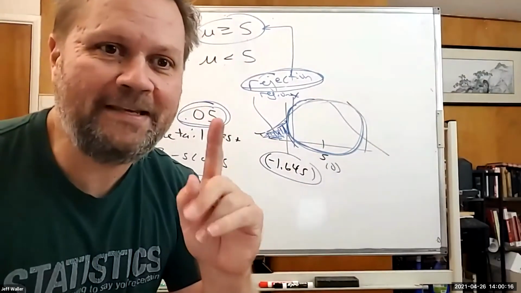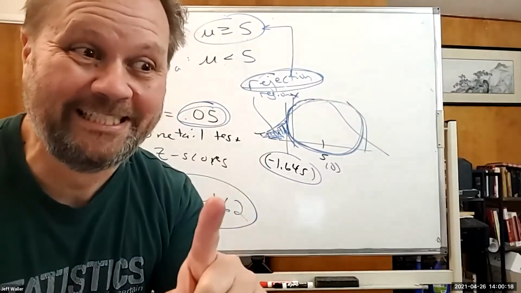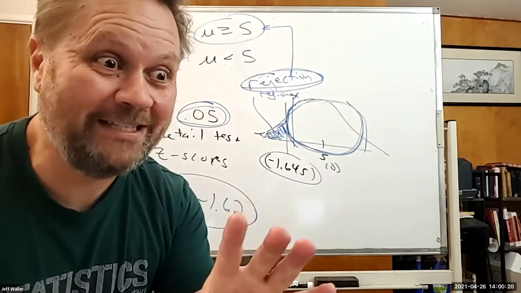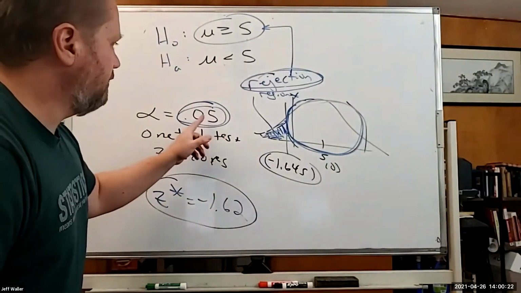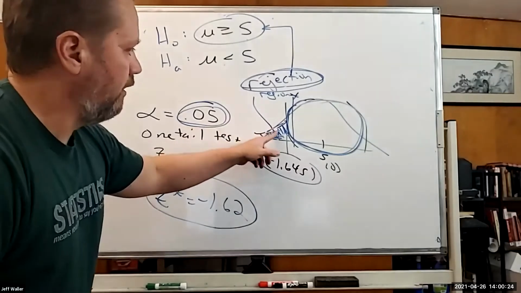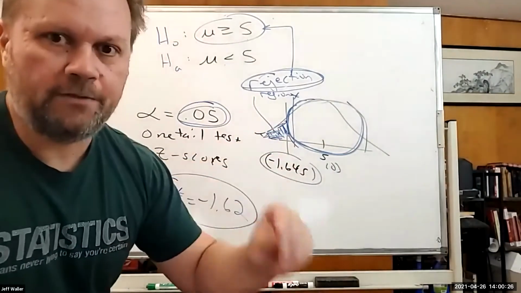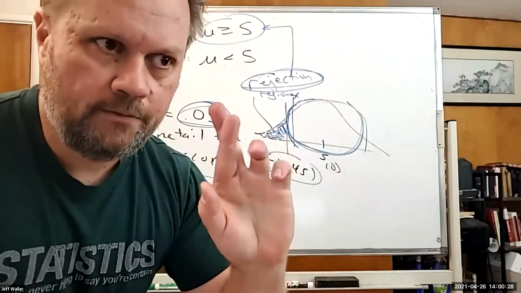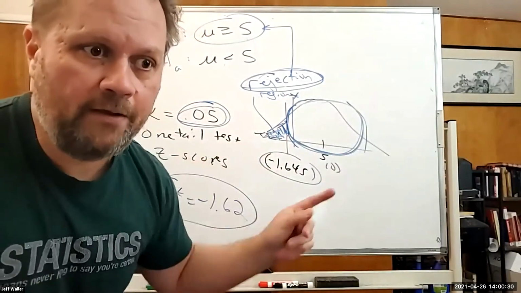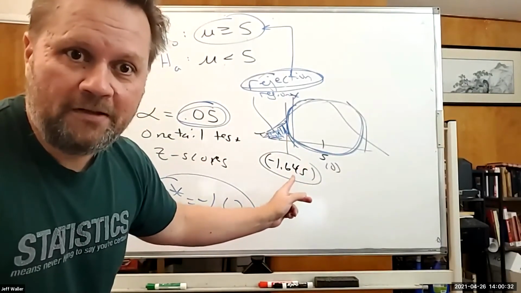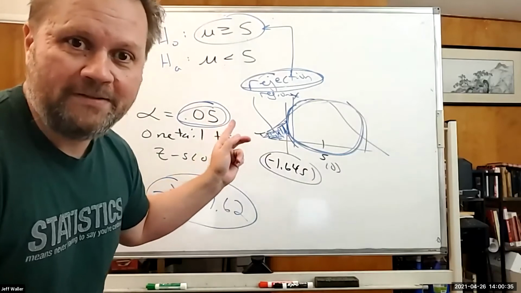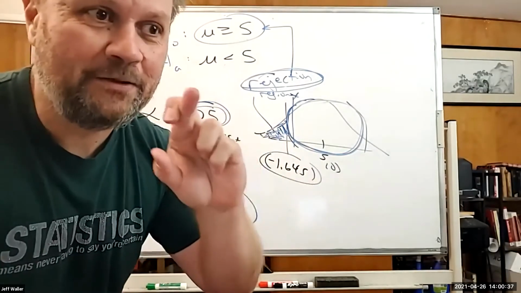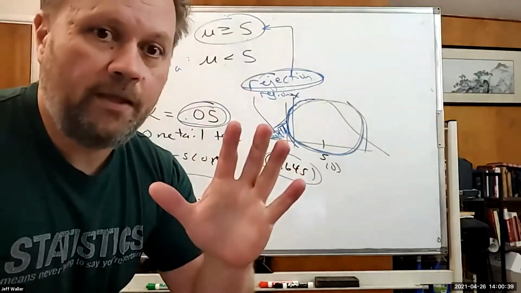Let me say that again. That is the area in the tail that the critical z-score makes. In fact, isn't that how we found the z-score, by looking that area up? Yes? Okay. What's it got to do with anything, Jeff?